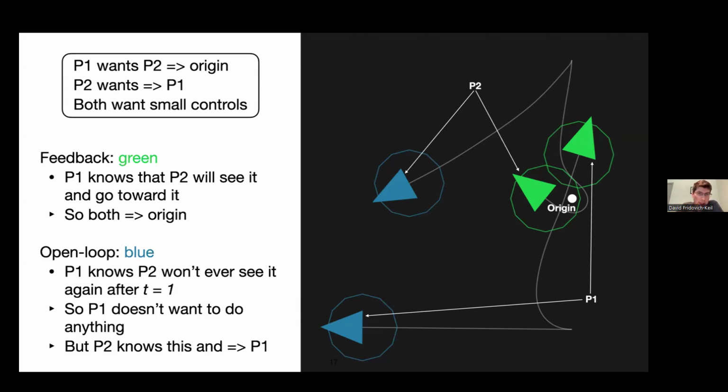You choose blue. And you solve it. You take a few steps, so you're following these blue trajectories, and then you take another look at where the other guy is and resolve the problem. You're never going to end up recovering the green solution if you do that.